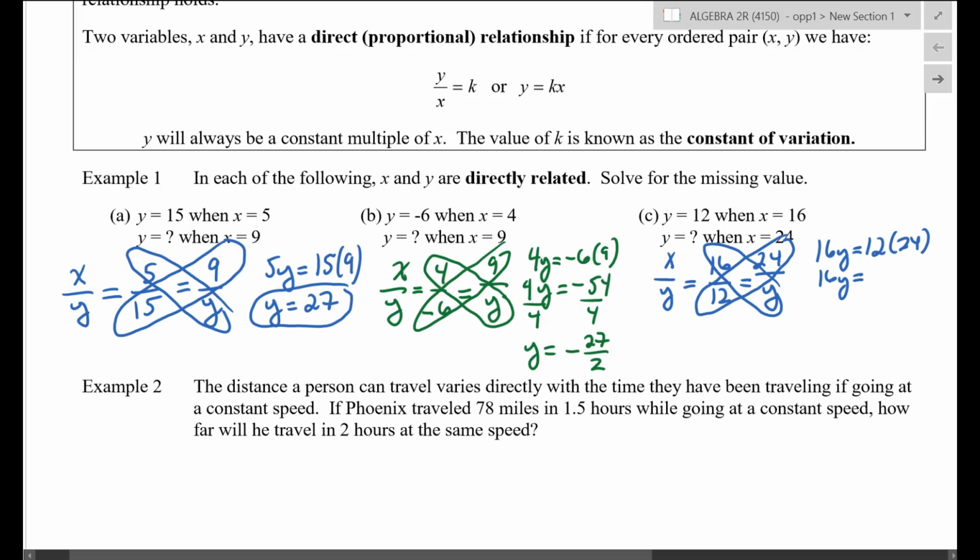What's 12 times 24? What is it? 288. And does 16 go into 288 evenly? It does? How many times? 18 times.